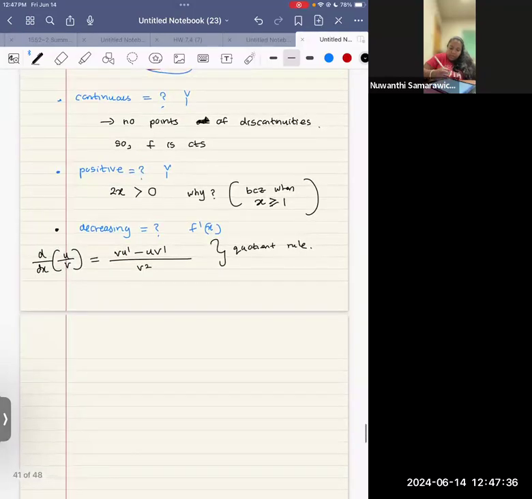So we need to find u, which is 2x, and v, which is 3x squared plus 4. So u prime is 2, and v prime is 6x. So we can find the first derivative by just using this.